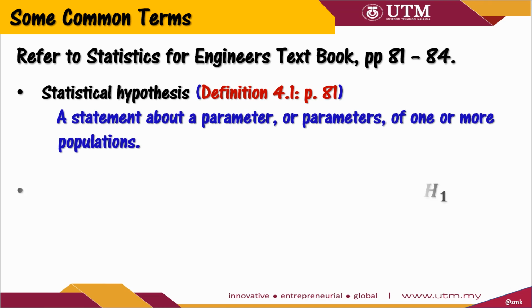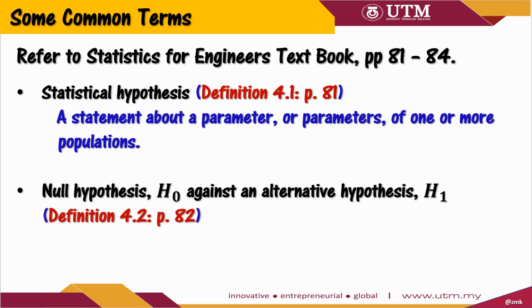Now, the next terms are the null and alternative hypothesis. A null hypothesis is denoted by H0, whereas an alternative hypothesis is denoted by H1 or HA in some other references. What is a null hypothesis?